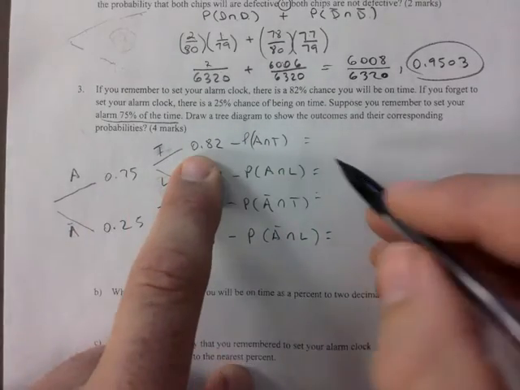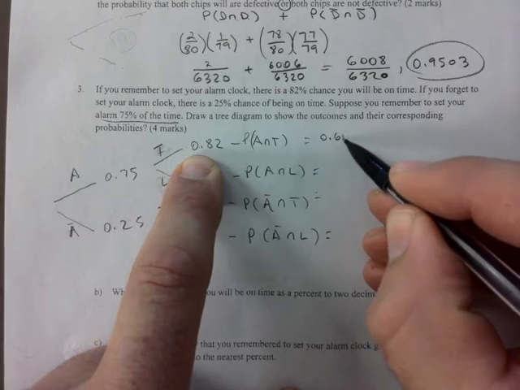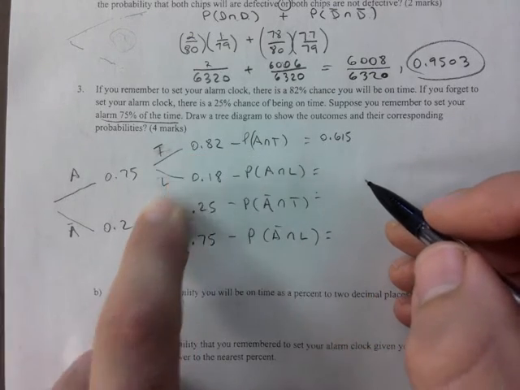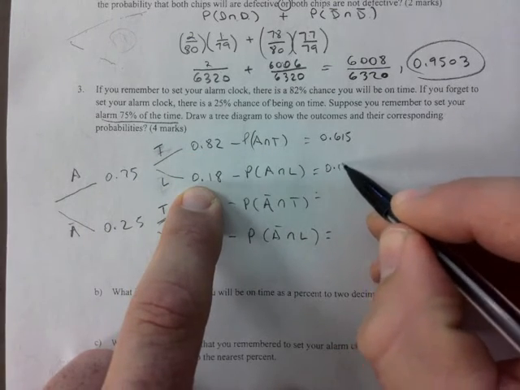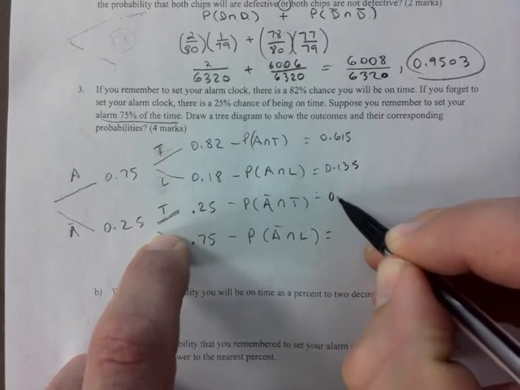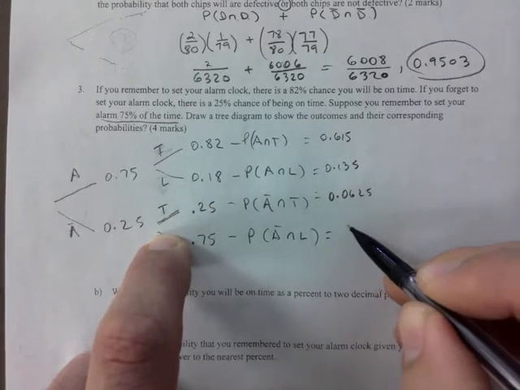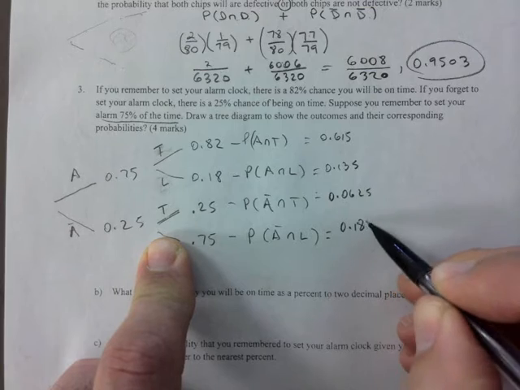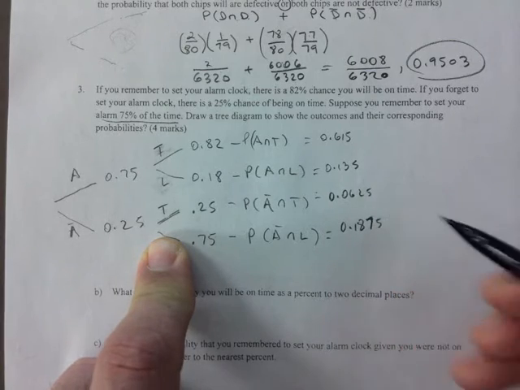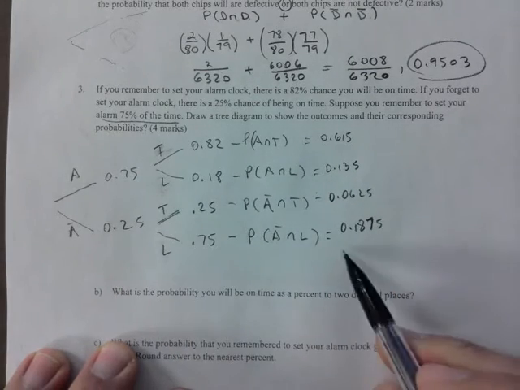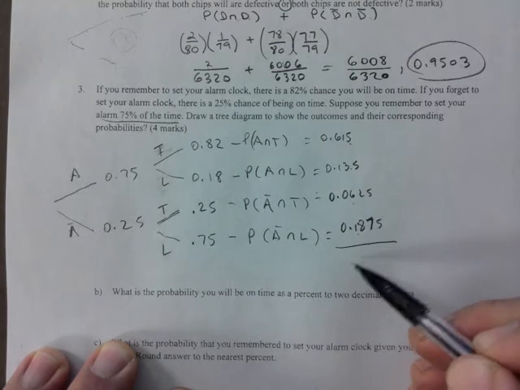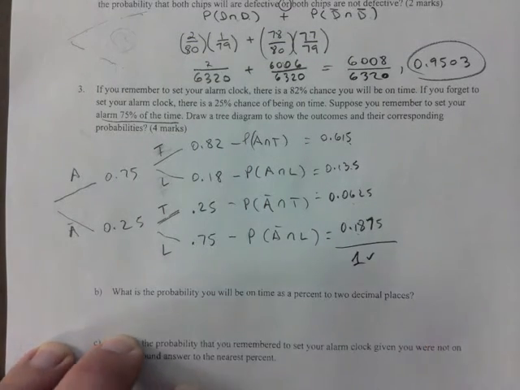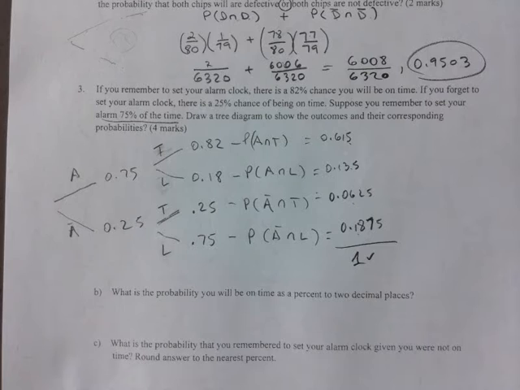You just go this times this is 0.615, and then this times this is 0.135, 0.0625, and 0.1875. If you do this right, these should add up to 1. Do a quick check, and that's what you're getting there.